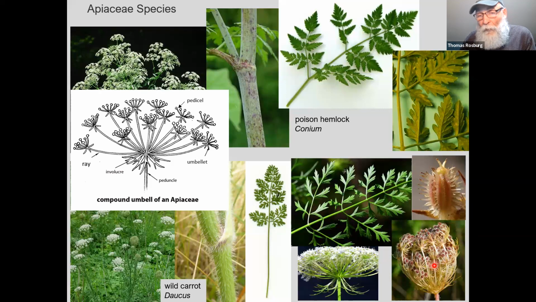And the fruits on the Apiaceae or the parsley family, they're called schizocarps, and I'm not going to try and explain what those are right now, but they basically do come apart. They come apart in a way that's related to the carpels that form them.